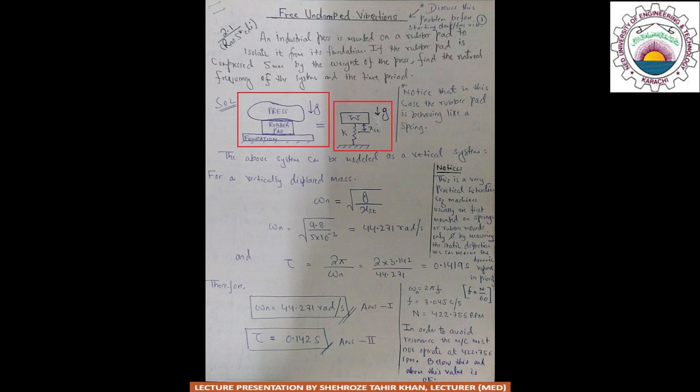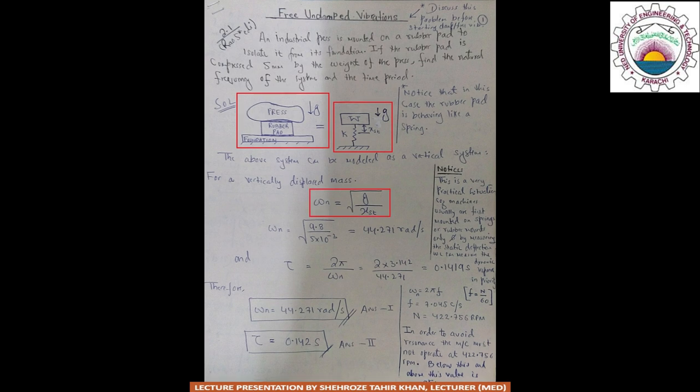Now substitute the values of m and k in the formula of natural frequency. We get omega n is equal to under root g upon x. So finally substitute the values of g and x in the formula.